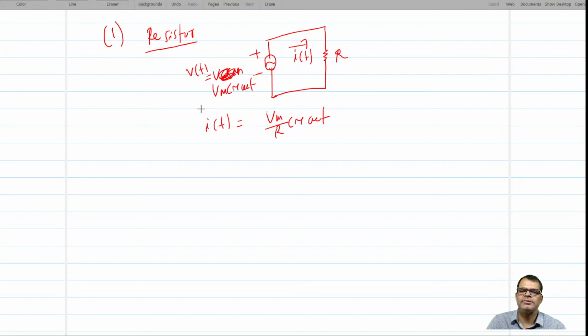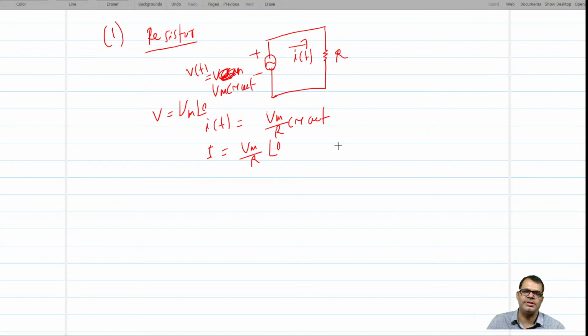So in phasor notation, V is equal to Vm at angle 0 and I is equal to Vm upon R at angle 0. So there is no phase difference between the voltage and current for a pure resistor.